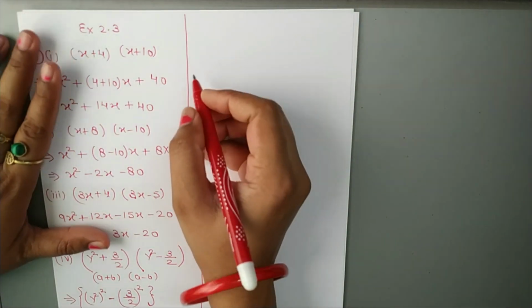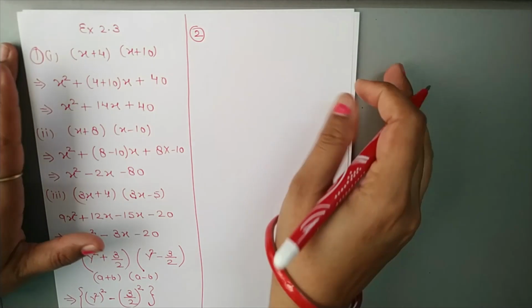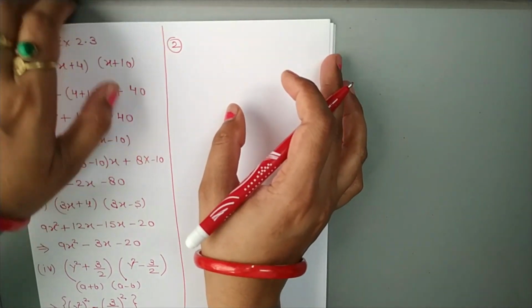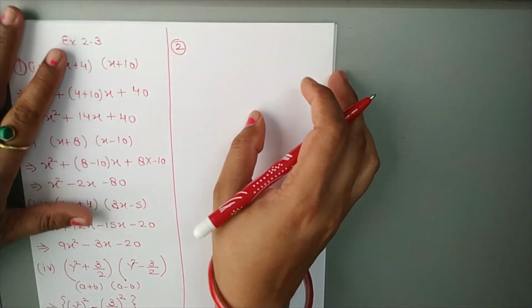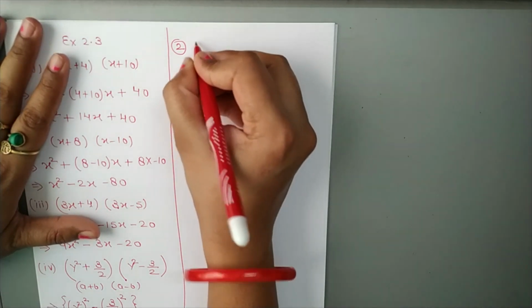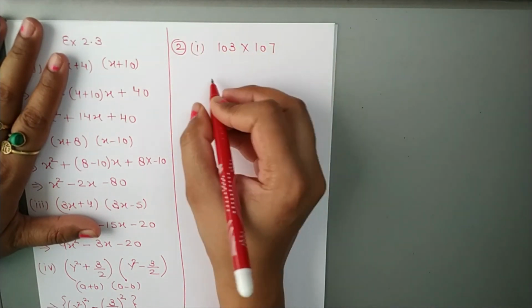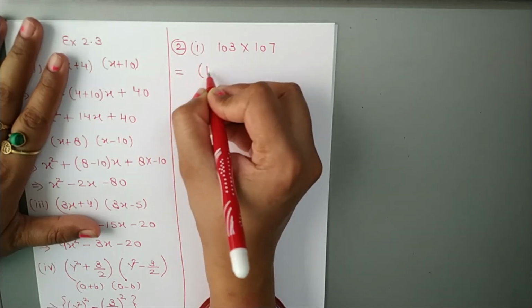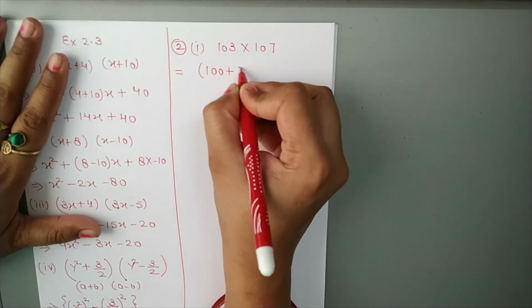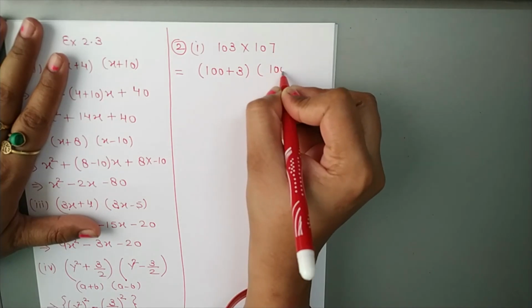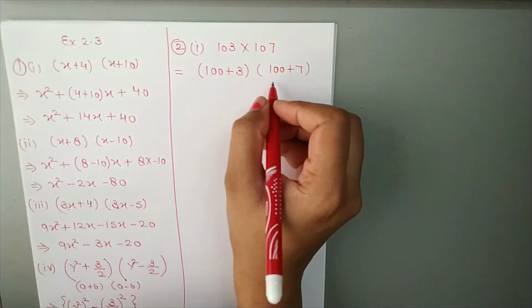Question number 2. Evaluate the following products without multiplying directly. So the first part is 103 into 107. It can be written as (100 + 3)(100 + 7).